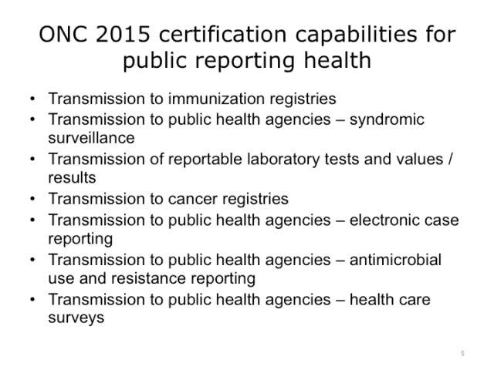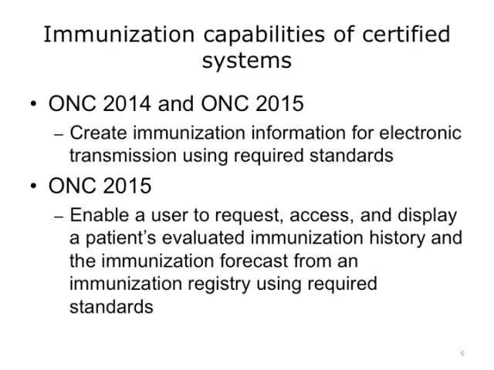Let's look at the rest of the certified capabilities for ONC 2014 and 2015 and observe the standards required. Meaningful Use Stage 2 and Modified Stage 2 requires the use of ONC 2014 certified systems. Meaningful Use Stage 3, as well as other programs, such as the Merit-based Incentive Payment System, or MIPS, requires ONC 2015 certified systems.